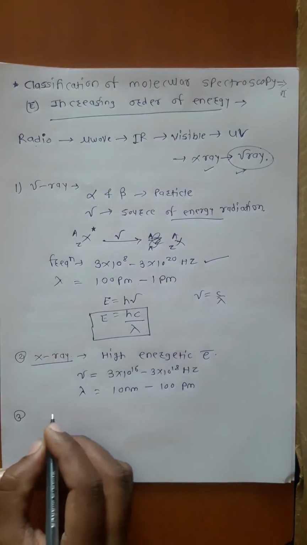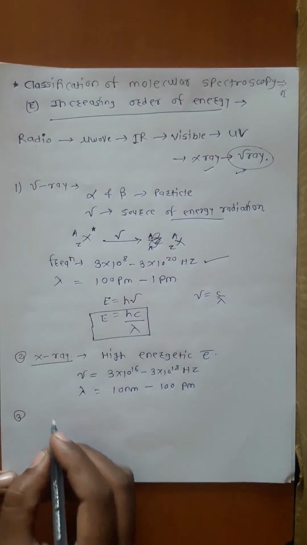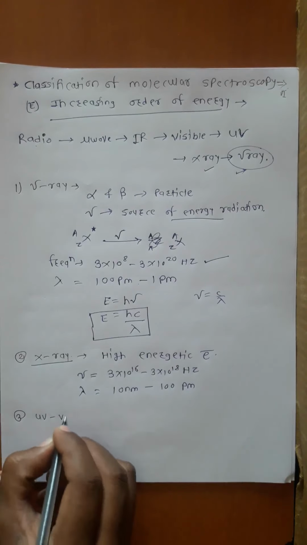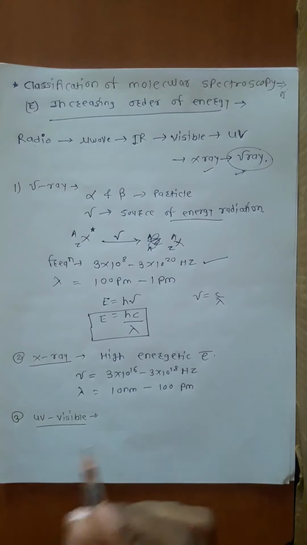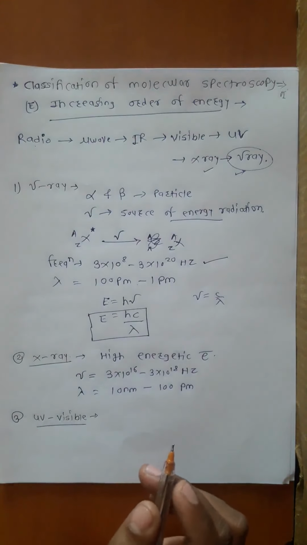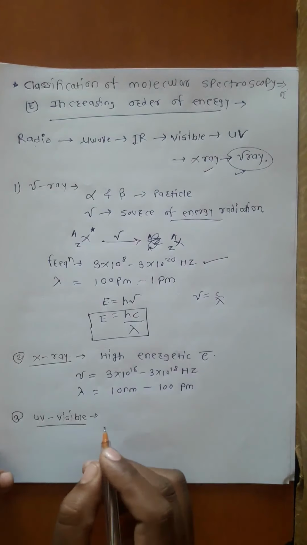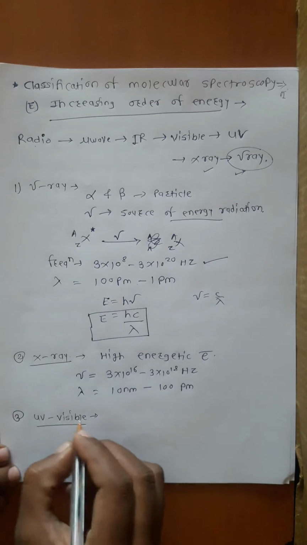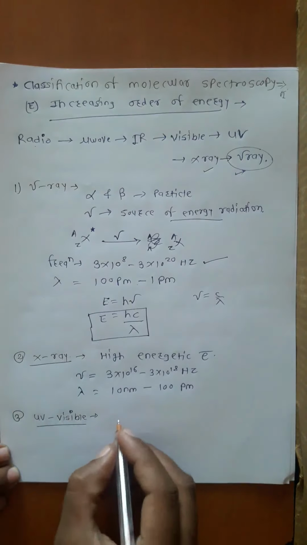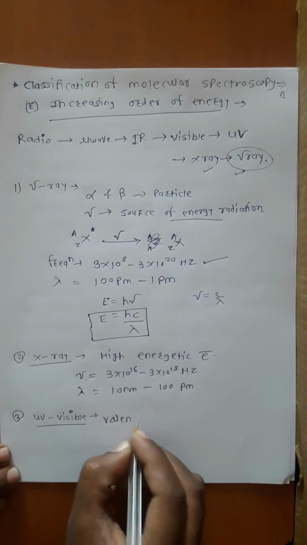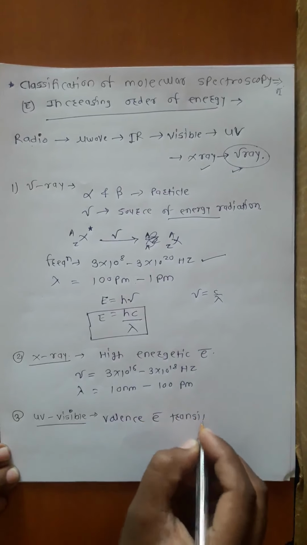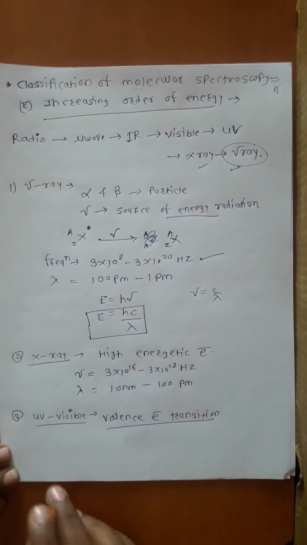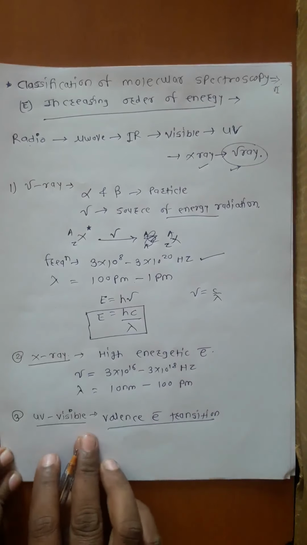Next, the third one is the UV visible. In UV visible, you have to know the hydrogen spectra, in which the Balmer series lies in the UV visible region. This UV visible region is possible due to the transition of a valence electron, which gives rise to UV visible spectroscopy.